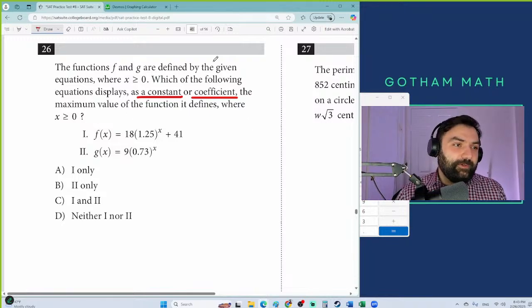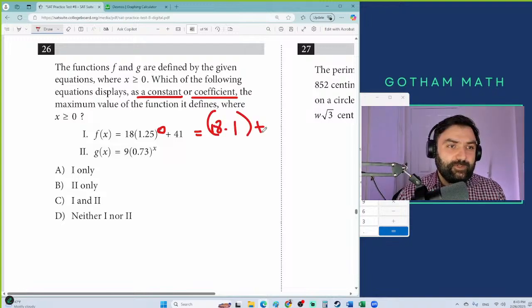If I remember from previous questions, I'm going to confirm if that's the answer, is that when I plug in x for 0, this is going to turn into not 18. It's going to turn into 18 times 1, and then plus 41, which is 59, right?